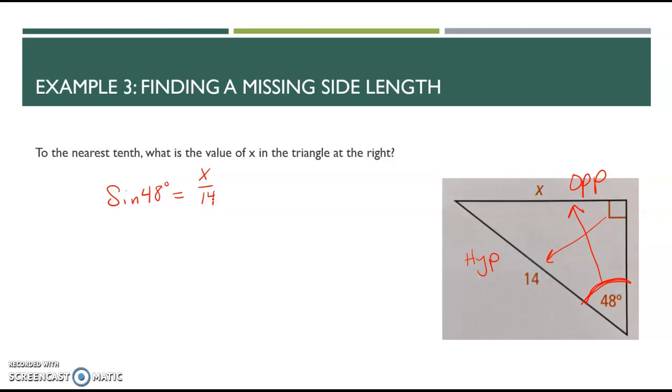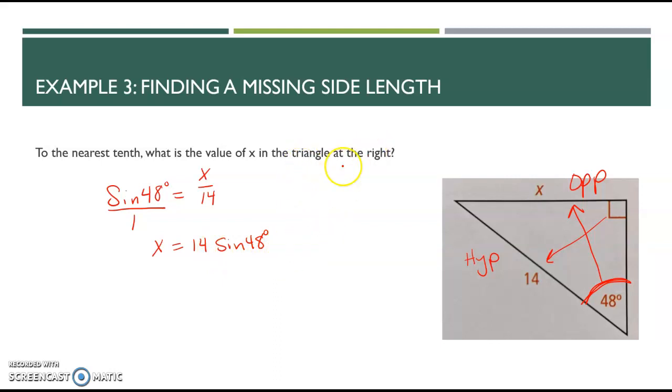Now, when I was teaching this at the high school, I would teach to put this over 1, and then we would cross multiply and solve. So I'd end up with x equals 14 times sine 48. Also, you will save yourself a lot of headache if you always put your constant, that number, in front of your multiplication instead of sine 48 times 14.